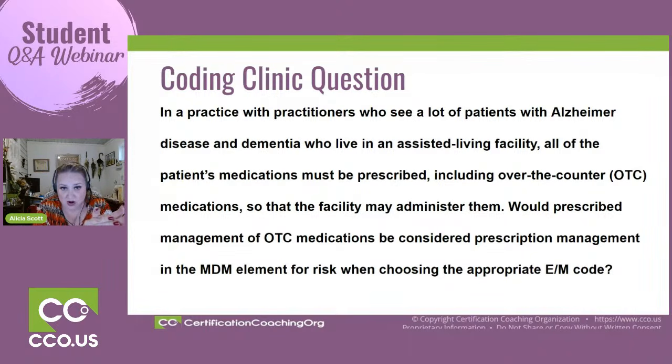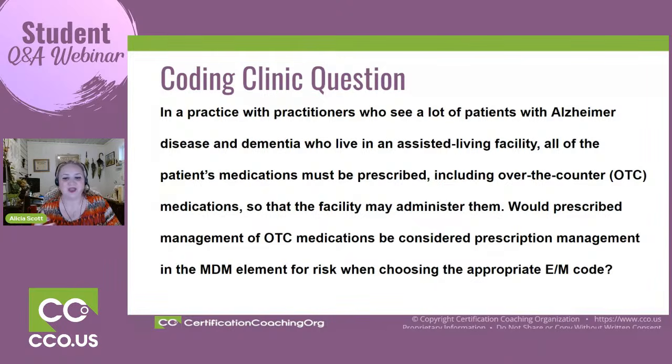Okay, so therefore the management of the medication, even though it's over the counter, has to be done by the provider, and those orders have to be written. Now, there was kind of a saying back in the day that if a provider writes a prescription for the patient, it's automatically a level 4 because the medical decision making that's involved for a level 4 is part of getting a prescription.